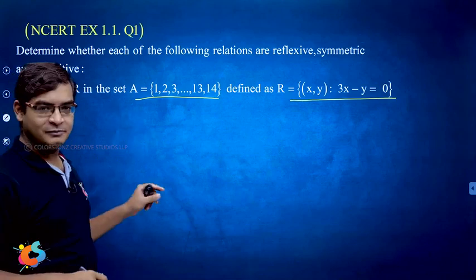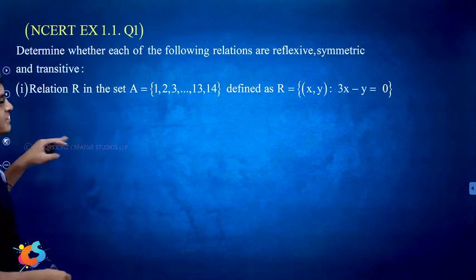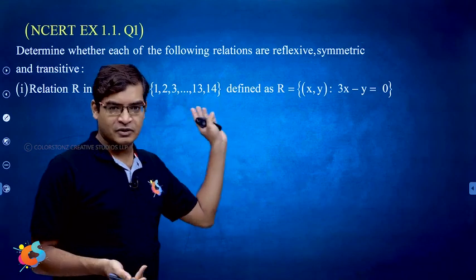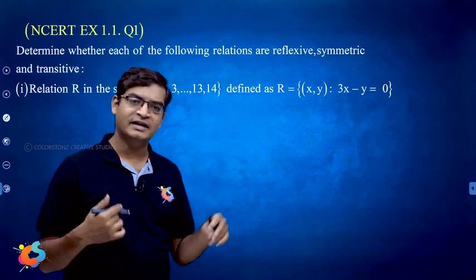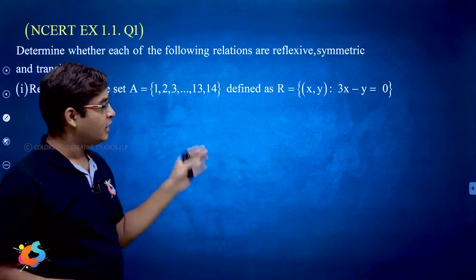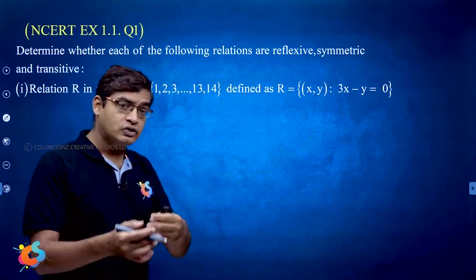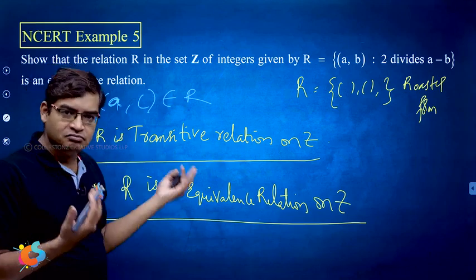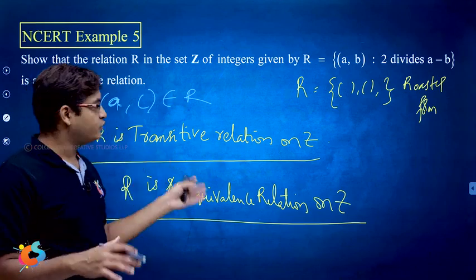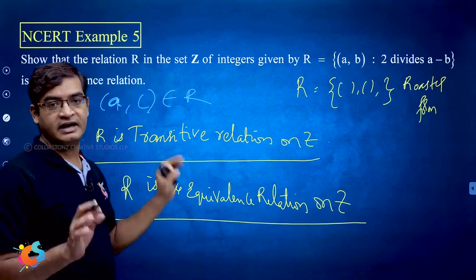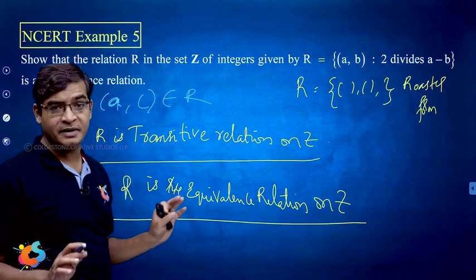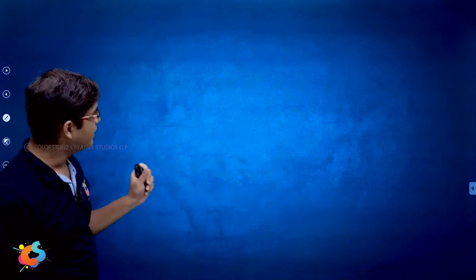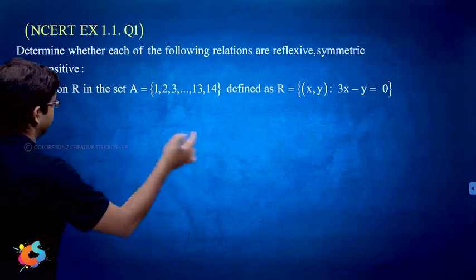But here it will work, because there are fewer ordered pairs, since it is only 1 to 14. So you can write the relation and check ordered pair by ordered pair. You need not write the theoretical format like (A, A) belongs to R. Earlier you didn't have any other way, because there are infinitely many ordered pairs. Here you can do it like this.